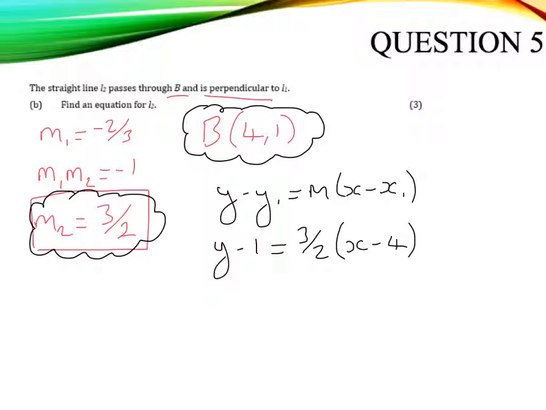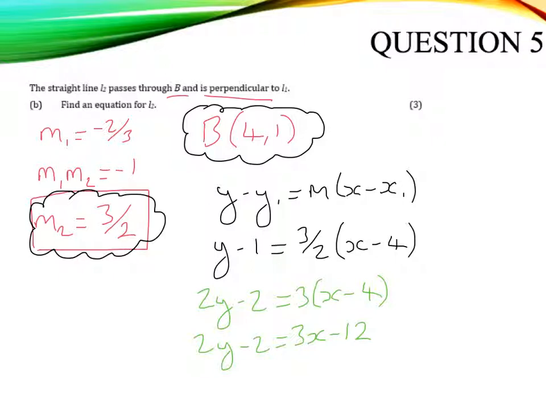So let's multiply everything by 2. 2y minus 2 equals 3 lots of (x minus 4). 2y minus 2 equals 3x minus 12. And again, let's just get it in one kind of form.